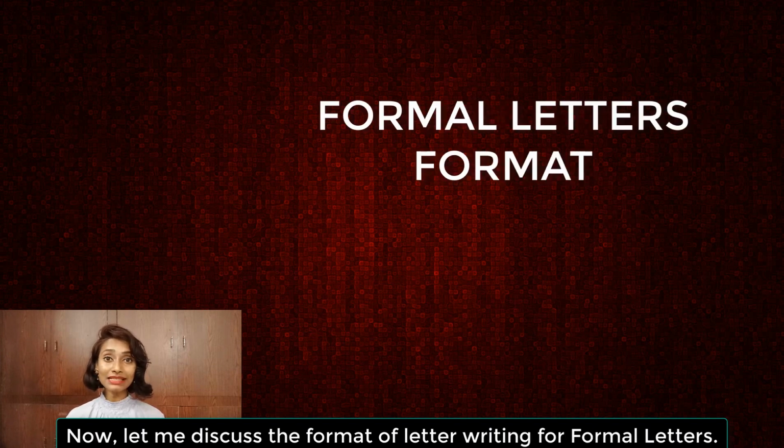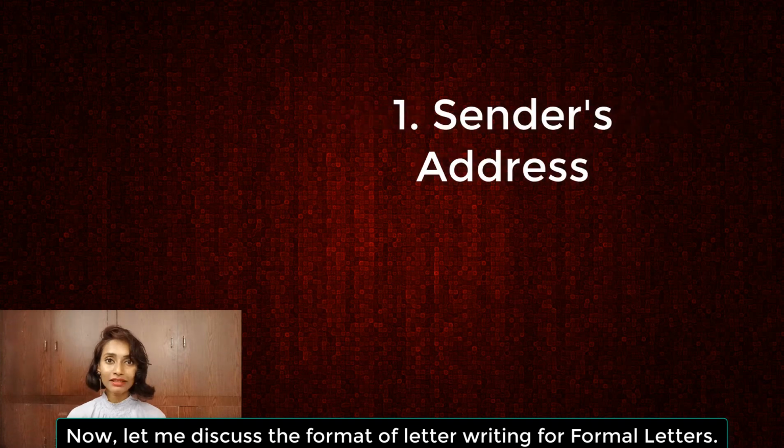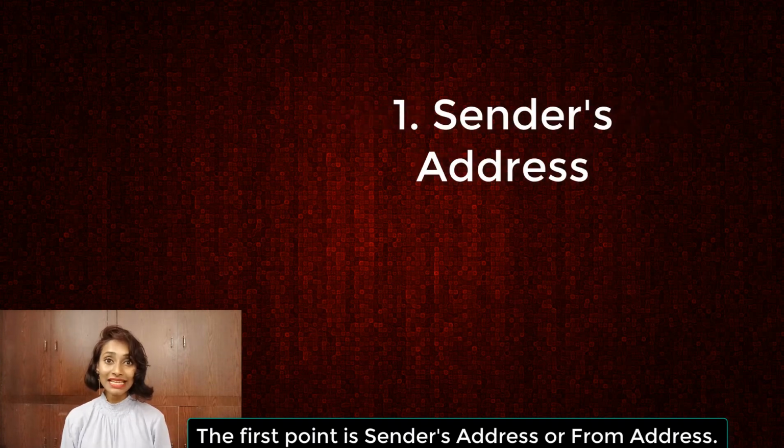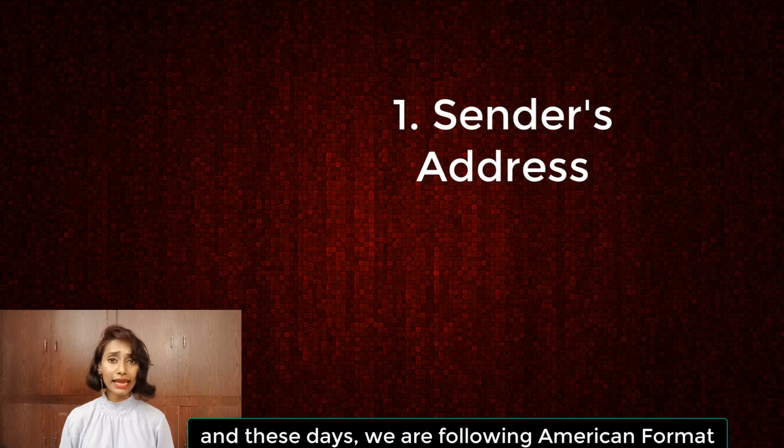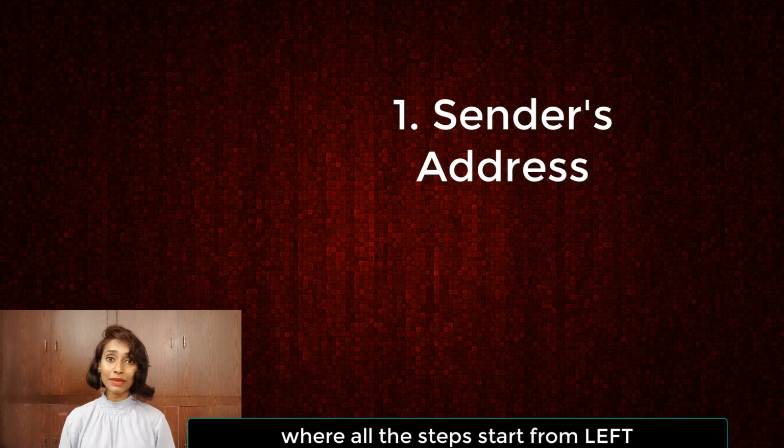Now let me discuss the format of letter writing for formal letters. The first point is sender's address or from address. When you are writing the letter, begin it with sender's address, and these days we are following American format where all the steps start from extreme left.